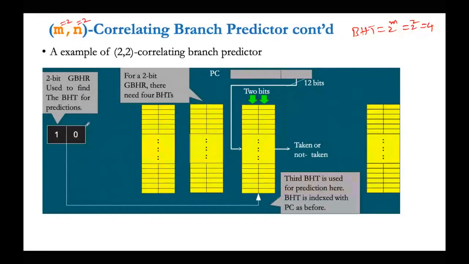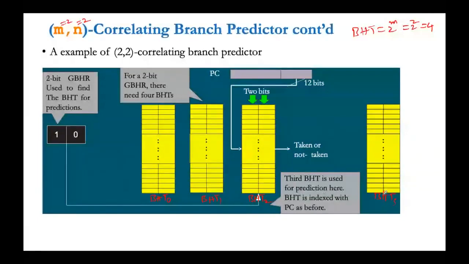So this is your global branch history register, which finds the branch history. In that branch history, here it is 10, which means it will generate 2 to the power of 2, that is 4 tables. So consider branch history table 0, branch history table 1, branch history table 2, and branch history table 3.